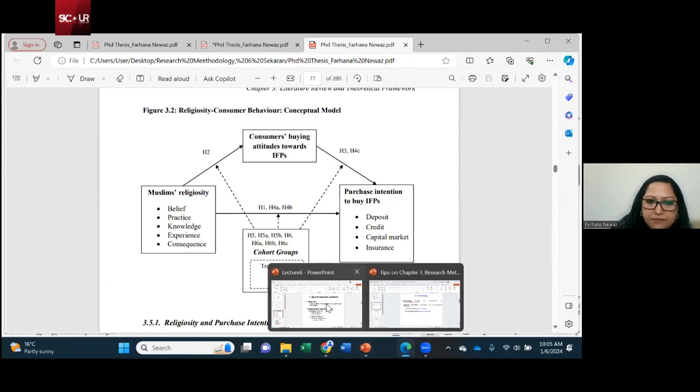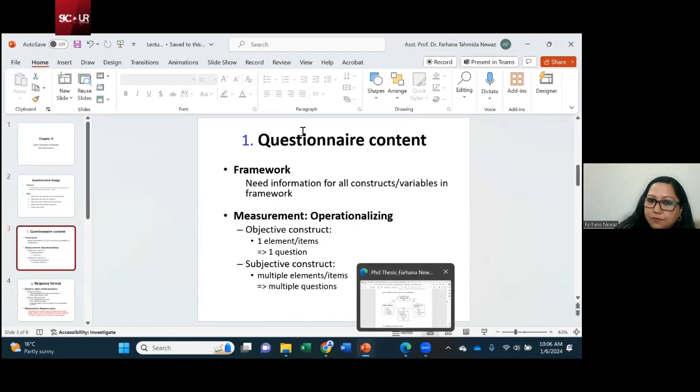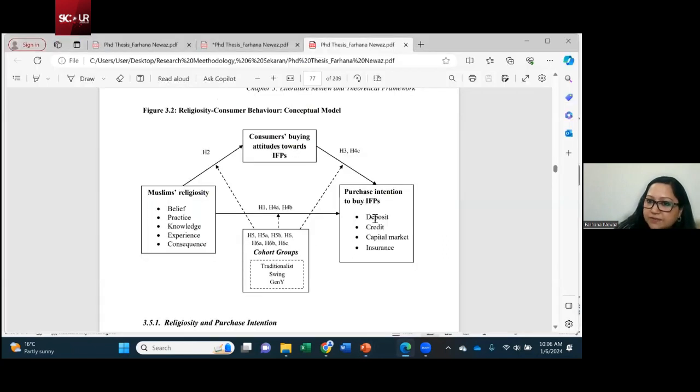Then, if I refer to this lecture slide, what is measurement or operationalization of variables? Measurement means you need to operationalize your variables, that is, measure each of your variables by asking some questions for each of them.